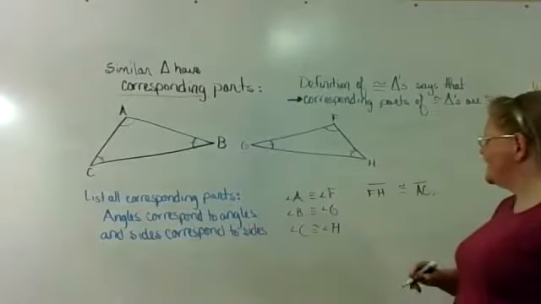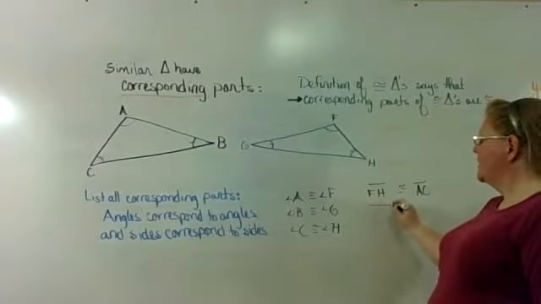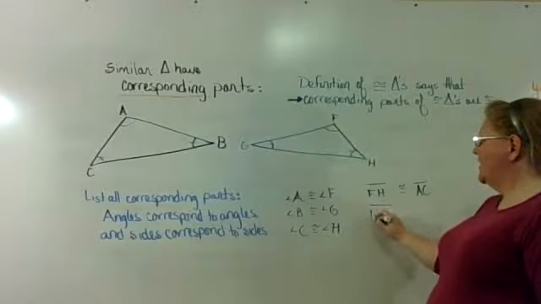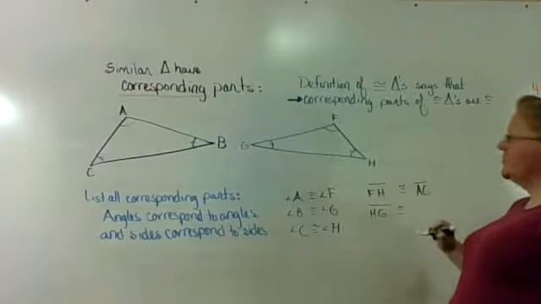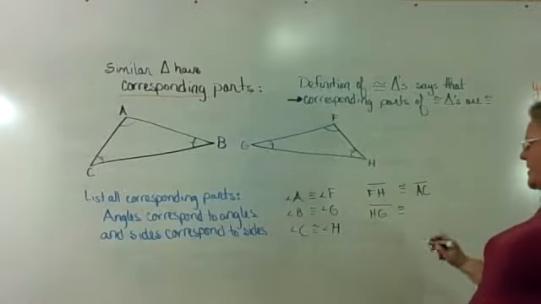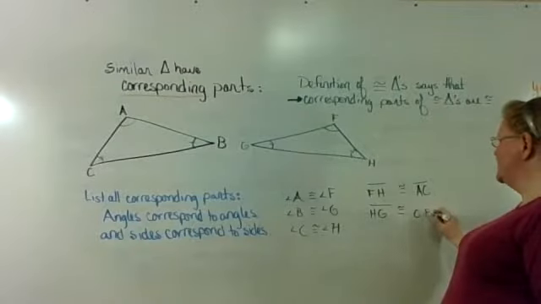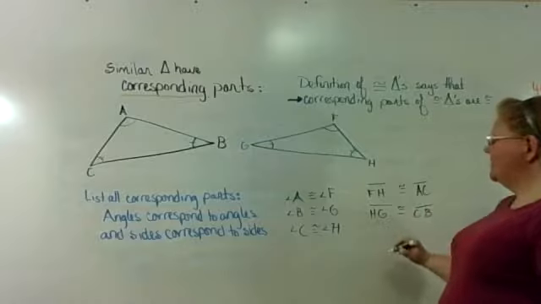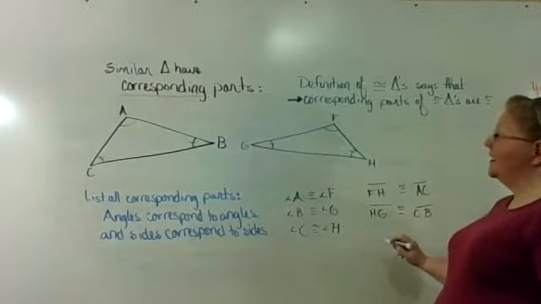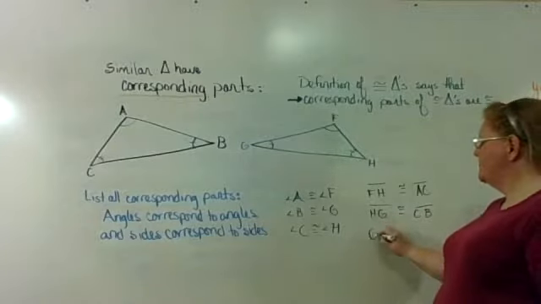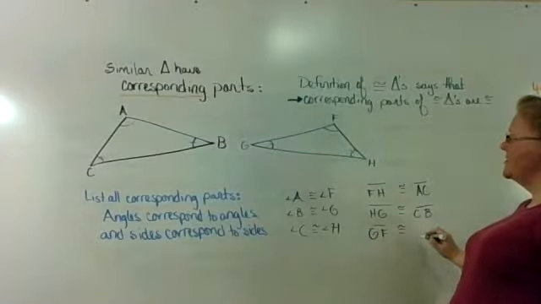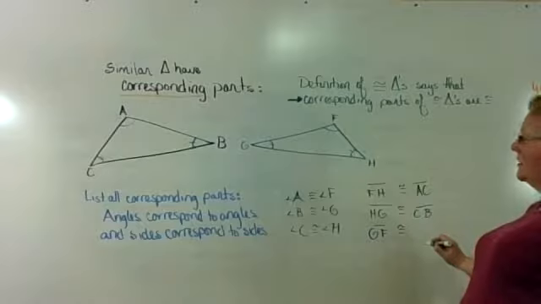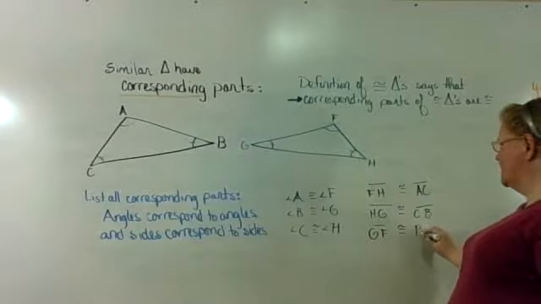That's how I knew it was AC. If I'm talking about side HG, that would have to be congruent to side CB. And if I'm talking about side GF, that has to be congruent to side BA.